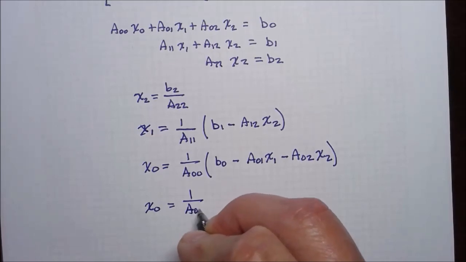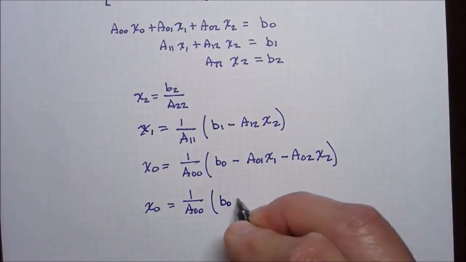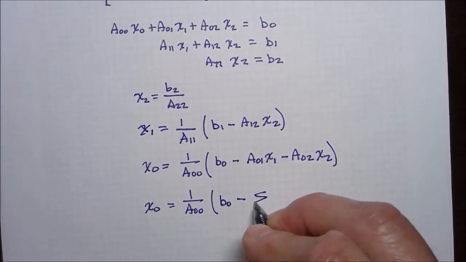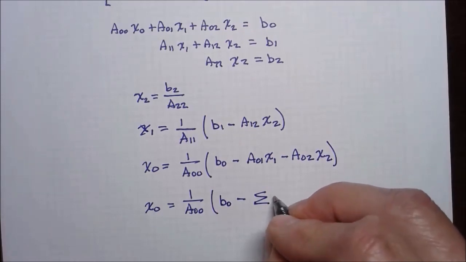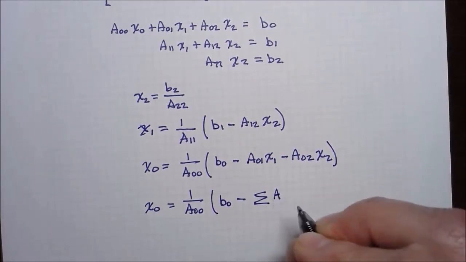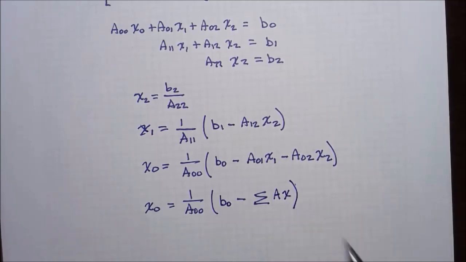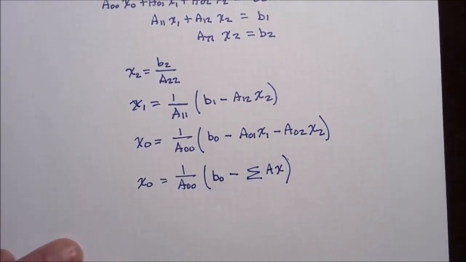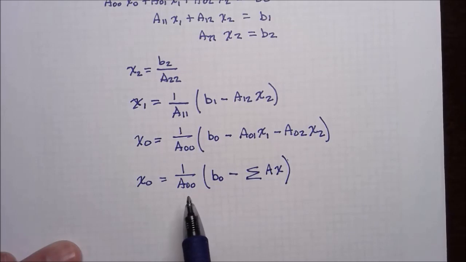We still got 1 over A00. We've got this B0, and then I'm subtracting a summation of these two terms together. I've got an A term multiplied by an X term, and I want to just leave it in that form symbolically, because we will see this form show up in our computerized solution.